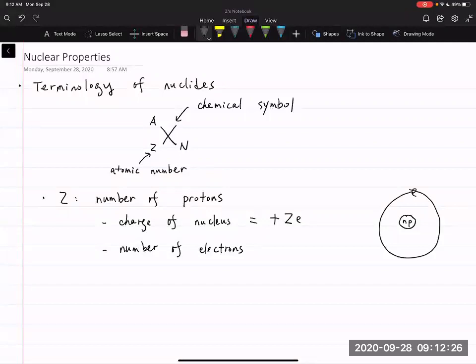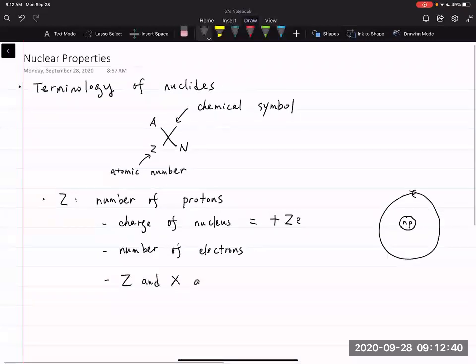So you can roughly say that the atomic number Z and the chemical symbol X are redundant.